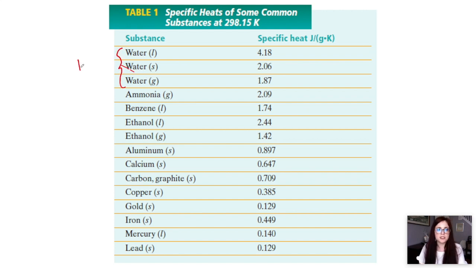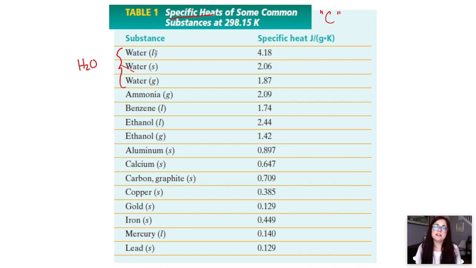All of these are just H2O. Notice that I have a specific heat value, or a C. So this is specific heat, otherwise known as C in Q equals MC delta T. And it's different for that particular substance and that phase.